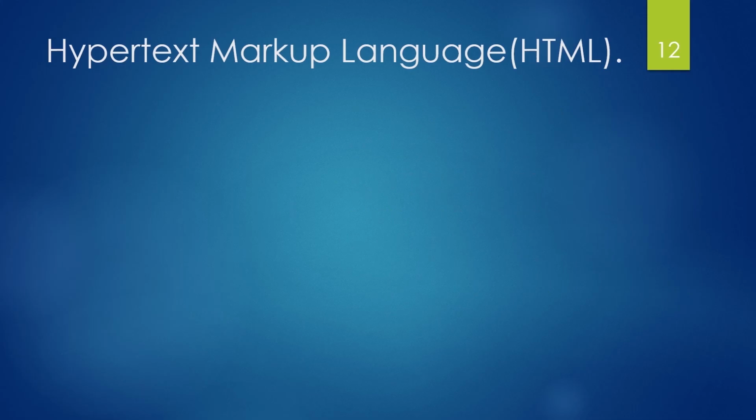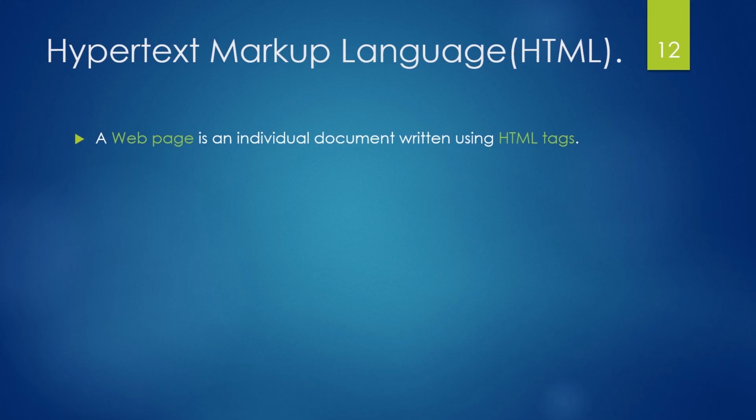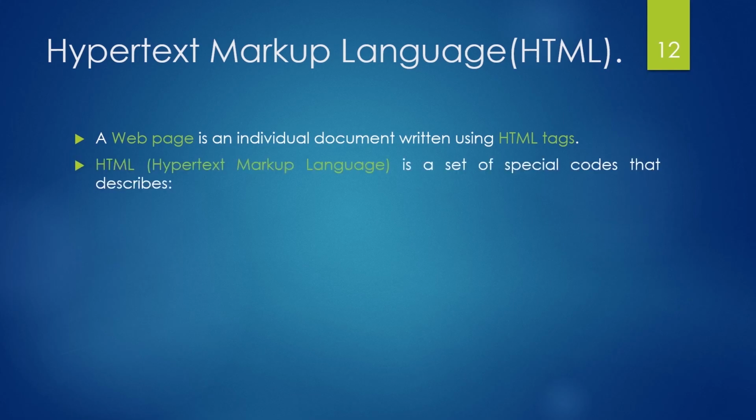Hypertext Markup Language, also known as HTML. So when you access the internet through your web browser, you get a lot of web pages when you're searching for information. Each web page is an individual document written using HTML tags. What is HTML?